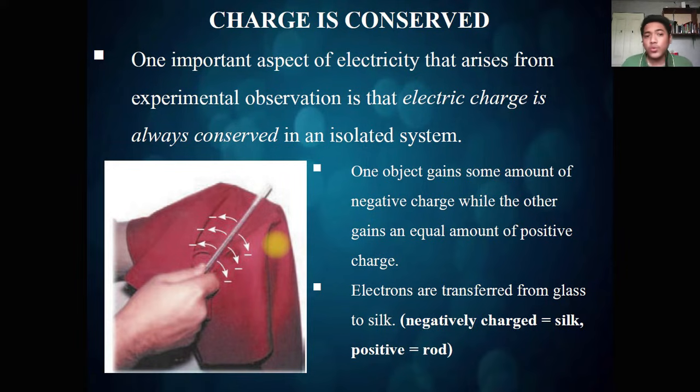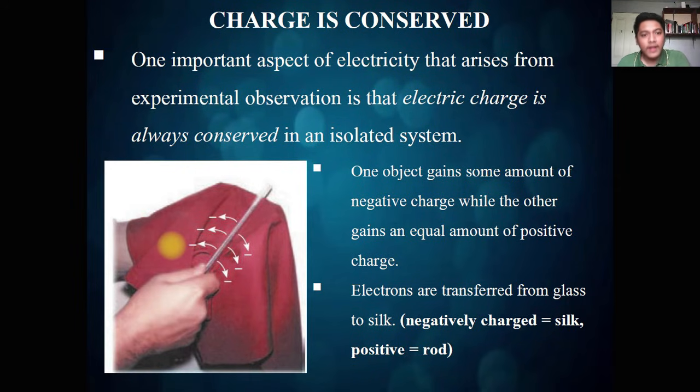So when these two objects are rubbed, or charged by friction, the tendency is that the glass rod, because of the energy created by the friction in terms of heat, gives off its electrons to the silk.